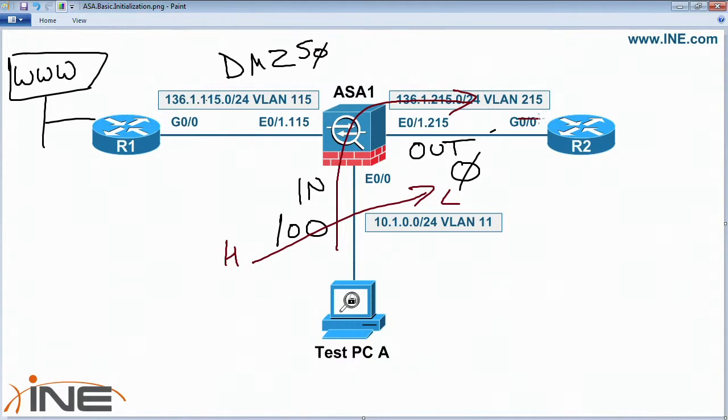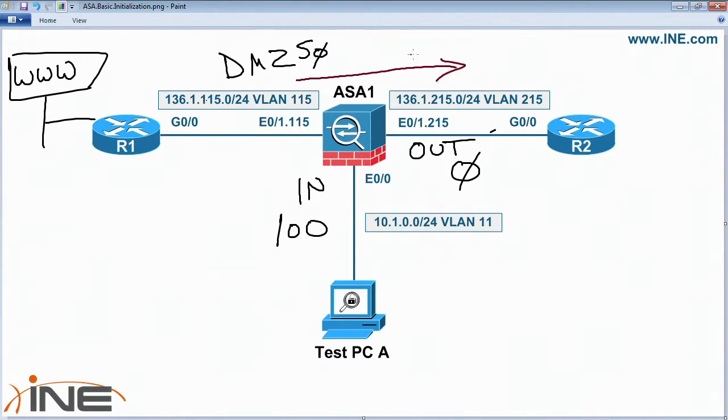Then when traffic comes back in and tries to return, the ASA is going to check the inspection table before it decides whether the traffic is going to be routed between these two interfaces. This also means that traffic would be able to go from the DMZ to the outside and then return, and from the inside to the DMZ and return.